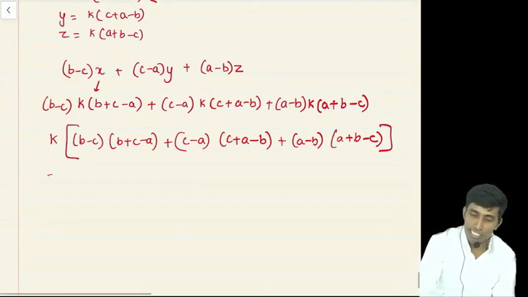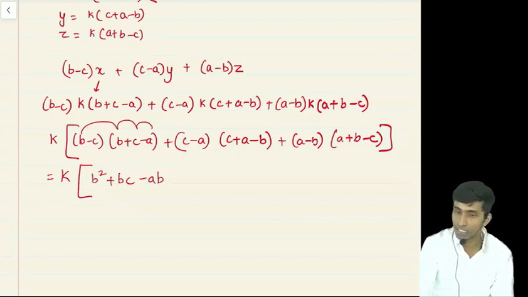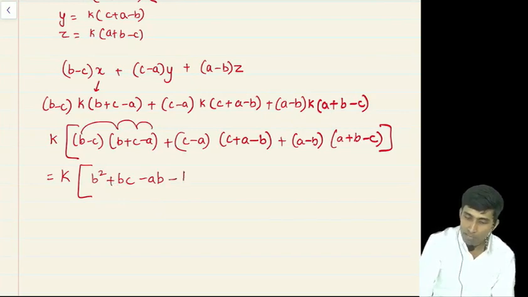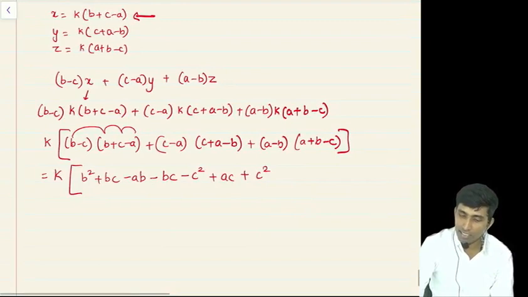Understood? So this is equal to k into, I will open the bracket. b into b, b square, plus bc minus ab. b will get multiplied with each of them, correct? Same way, minus bc, minus c square, plus ac, plus c square, plus ac minus bc, minus ac.